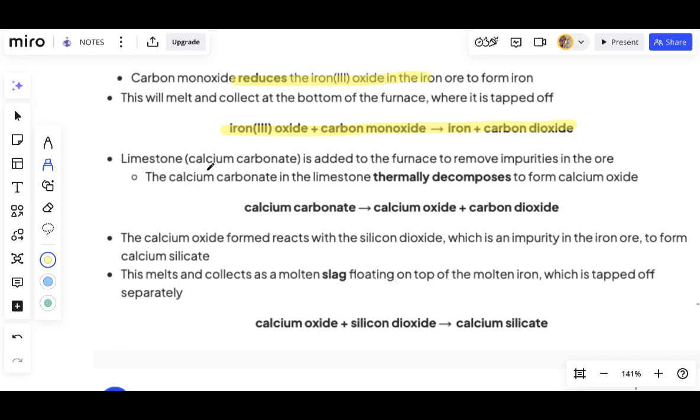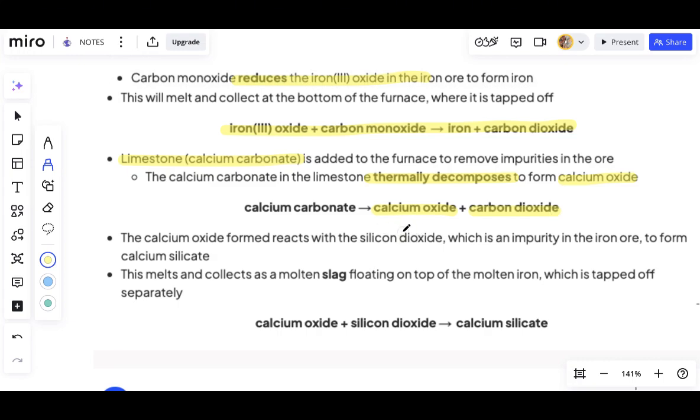Then we break the limestone, calcium carbonate. We break this limestone, calcium carbonate, into calcium oxide by thermal decomposition. You know, thermal decomposition, heat. We break it down to calcium oxide and carbon dioxide. Now, this calcium oxide is a basic oxide. It will react with silicon. You know, there's silicon as an impurity.